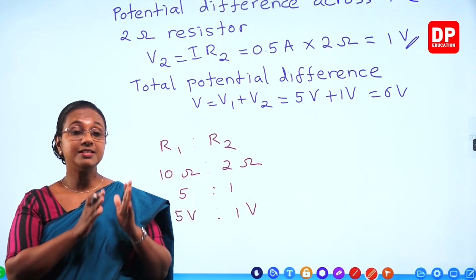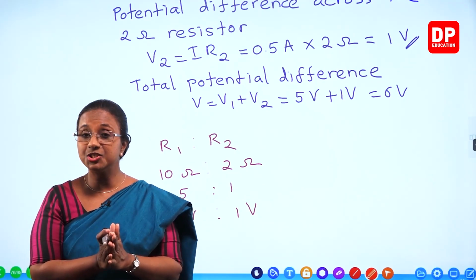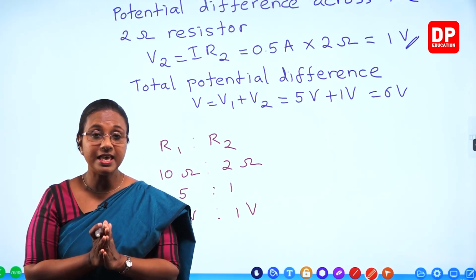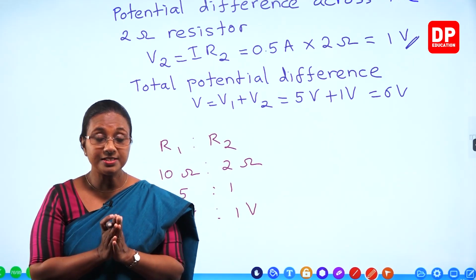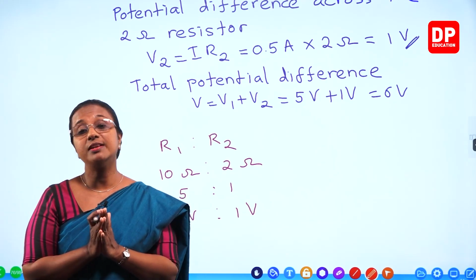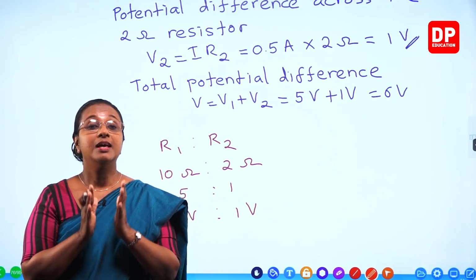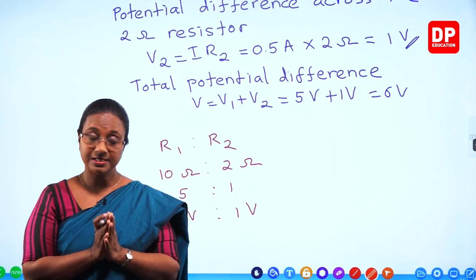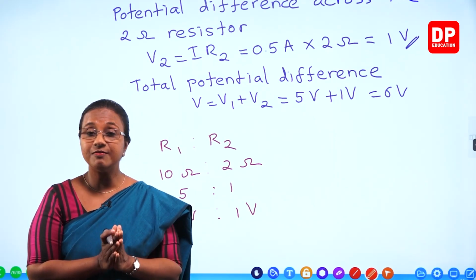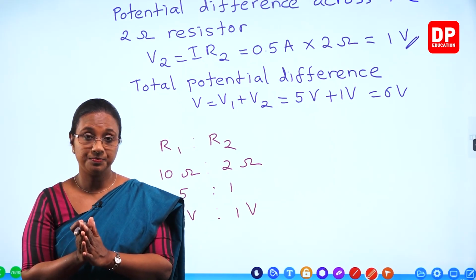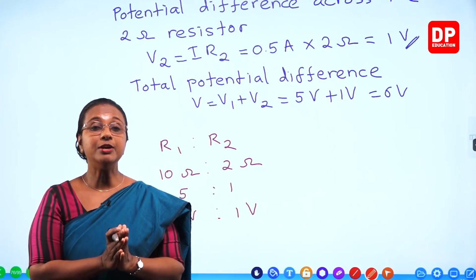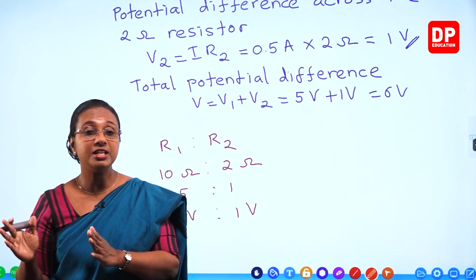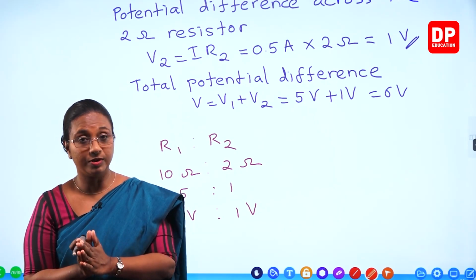We have resistors combined in a series connection. The current flow is the same. The equivalent resistance is the sum of all the resistors. Therefore, according to the magnitude of the resistance, the potential difference will be distributed. If the resistors have equal values, potential difference is divided equally.